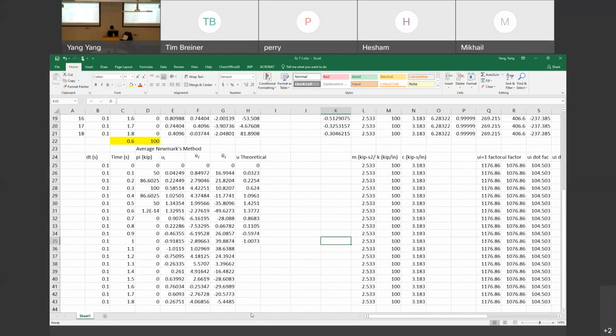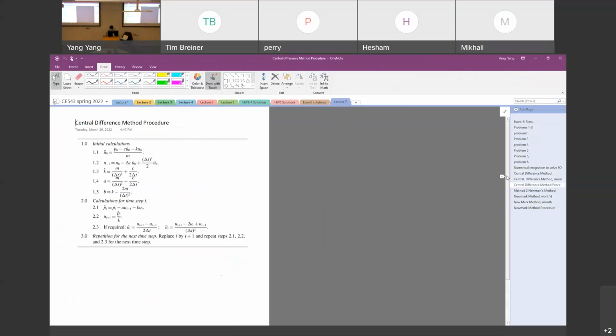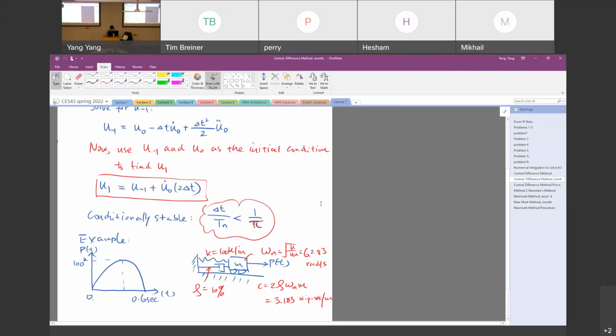If we use the same example that we used for the central difference method, we have a sine wave here. So this is the input.